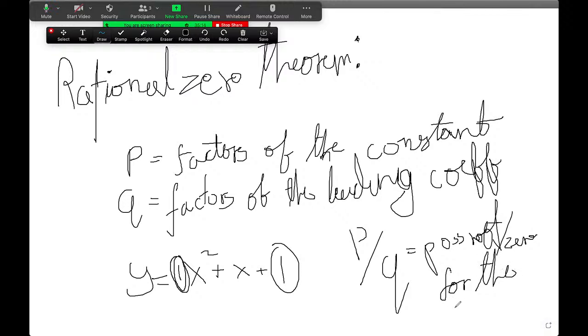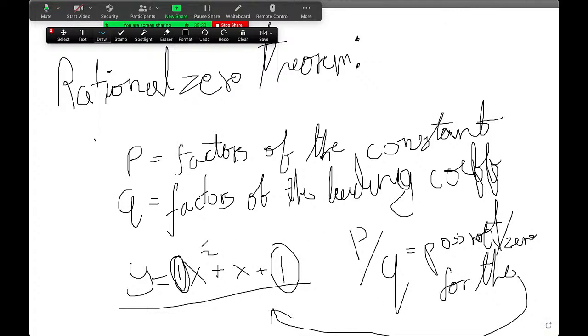For the function or the equation, which is this right now. So for the equation, and yeah.